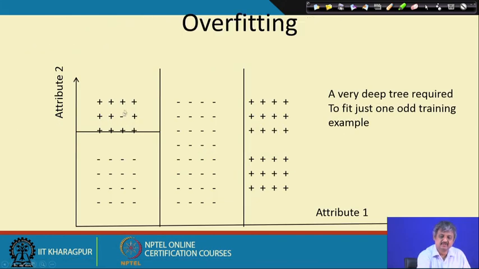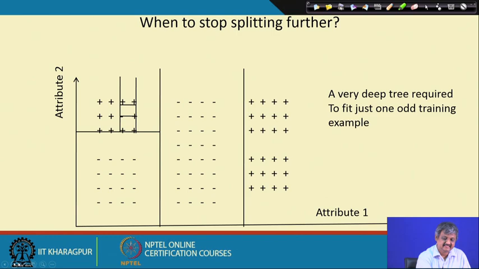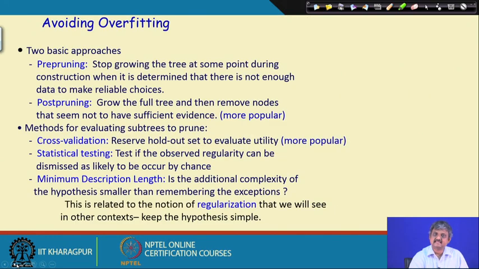Maybe this much impurity you can allow and not split further. So, this means I am clipping the tree and not building it further. This process is known as pruning. There are two approaches: pre-pruning, while growing the tree you stop, or post-pruning, you grow fully then cut some branches.